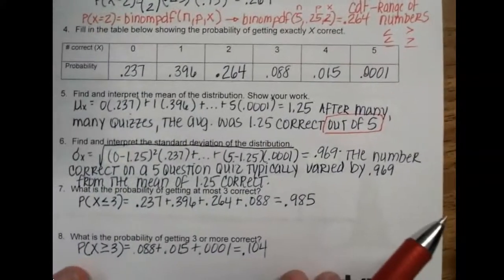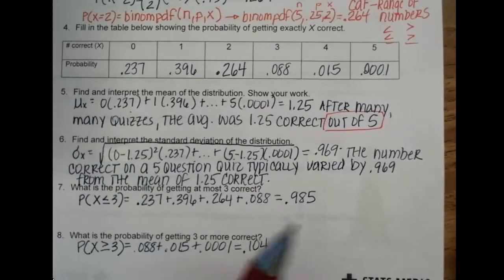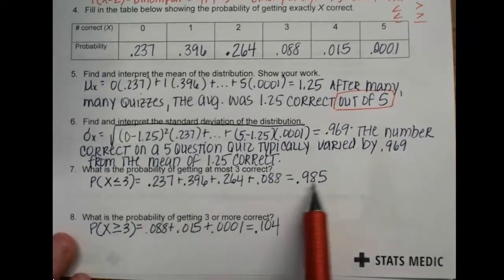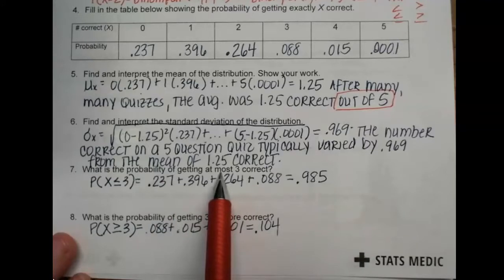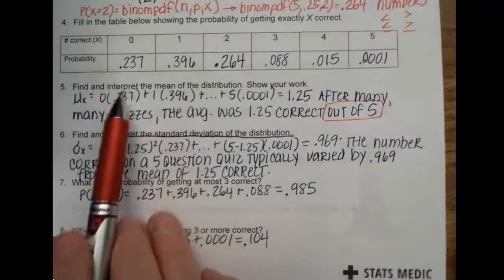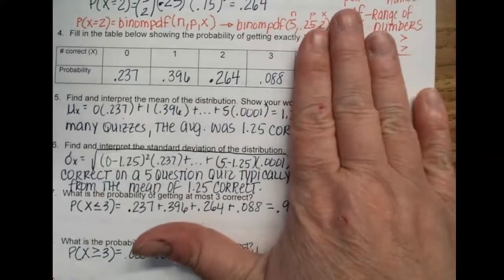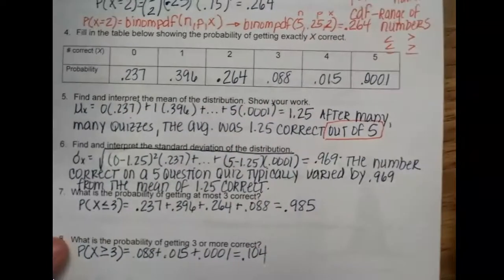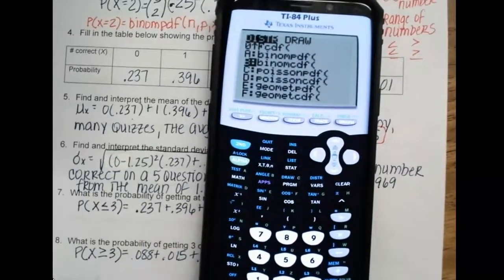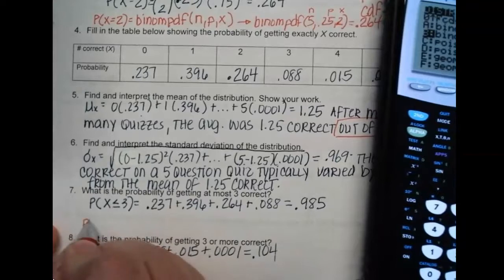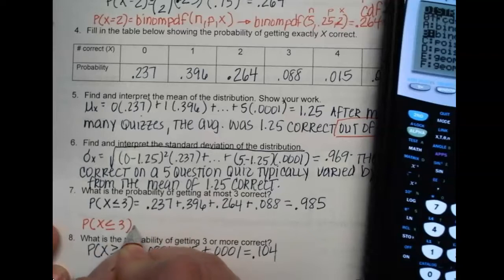So let's kind of look at this. Let's look at number 7. I have a range of numbers because I said at most 3. So I wanted to know these numbers right here, just through 3. I want you to go to your binomial CDF. I'm going to use my same notation. The probability that X is less than or equal to 3 equals, I'm going to do this the longer way.